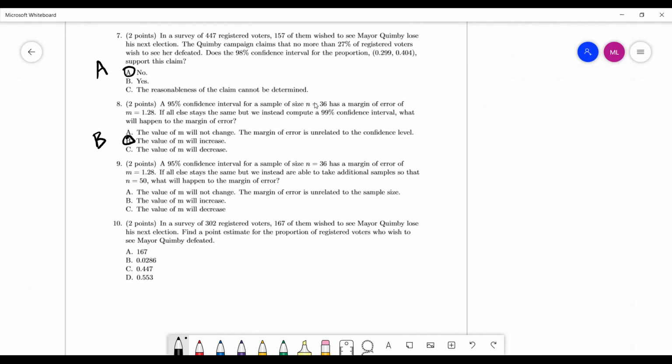Problem 9, similar setup. A 95% confidence interval for a sample of size n equals 36 has a margin of error of m equals 1.28. If all else stays the same, but we instead are able to take additional samples so that n is equal to 50, what would happen to the margin of error? So what happens to the margin of error if we can increase our sample size?